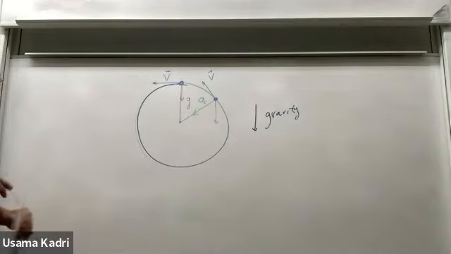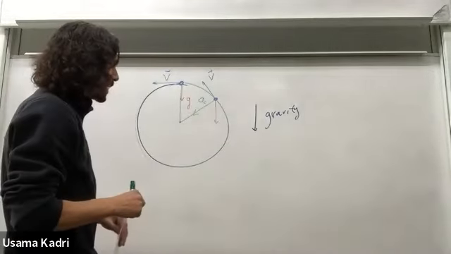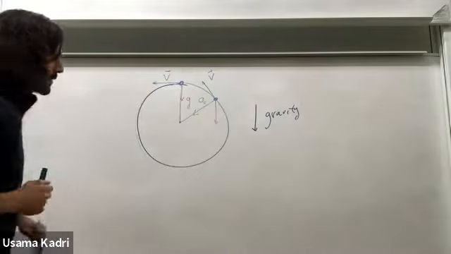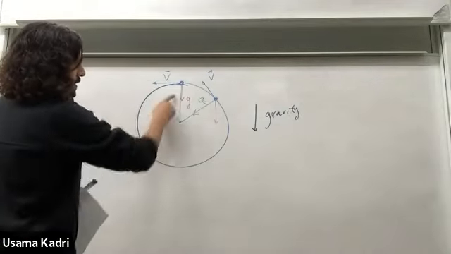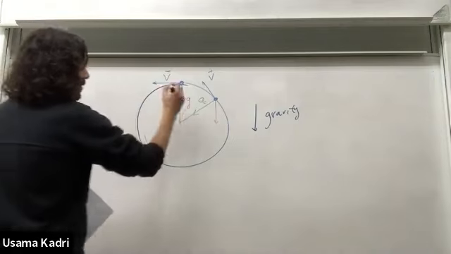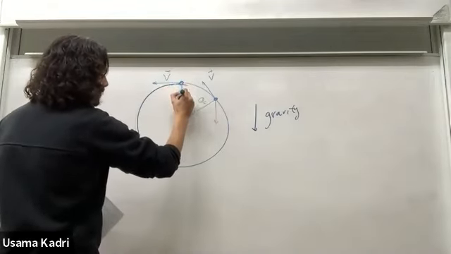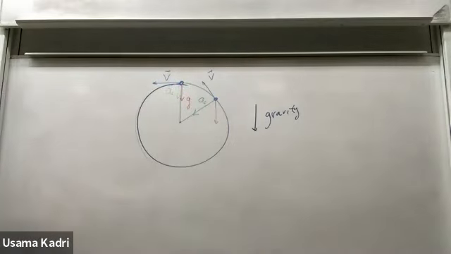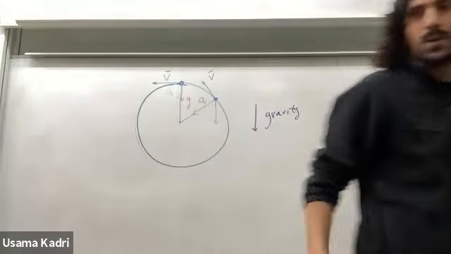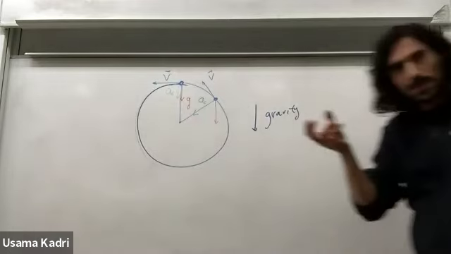The magnitude of the centripetal acceleration would be changing in time. Why? Now let's look at the extreme. Let's look at this point where the centripetal acceleration in this direction is exactly equal to the gravity in terms of the magnitude.